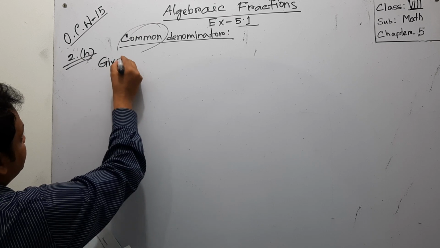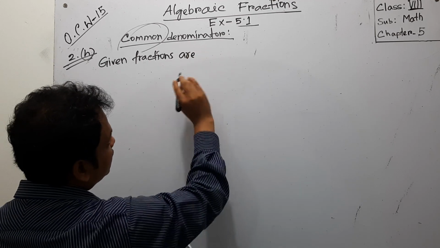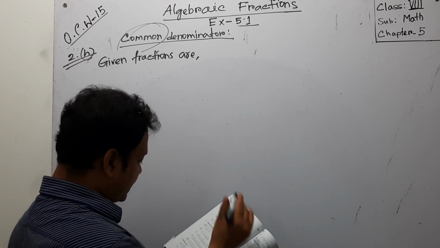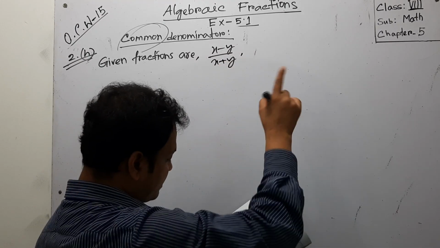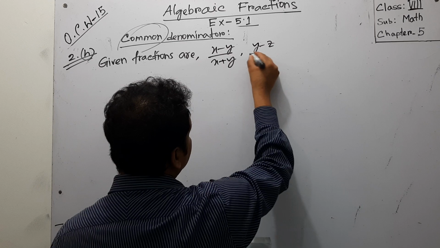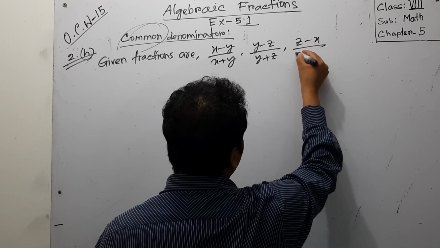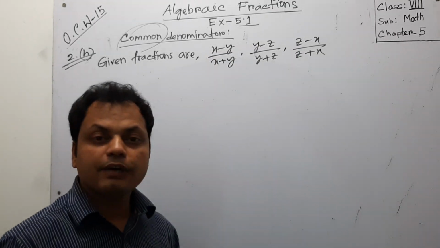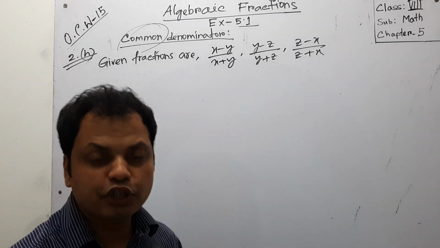The given fractions are x minus y divided by x plus y, this is the first fraction. Second, y minus z divided by y plus z. And the third one is z minus x divided by z plus x. So these three fractions are given. We have to express these fractions in a common denominator.